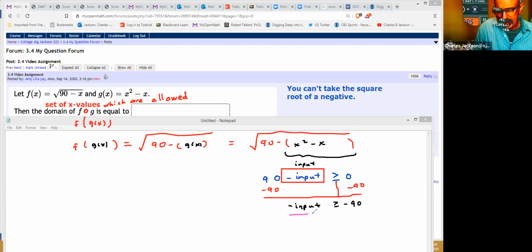Divide both sides by negative 1. If you divide both sides by a negative, you have to flip the inequality symbol.